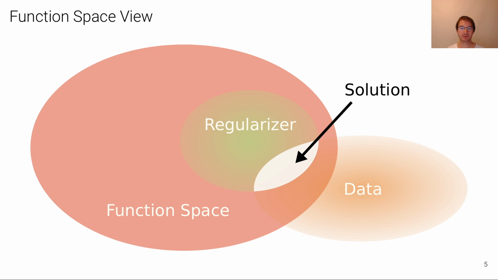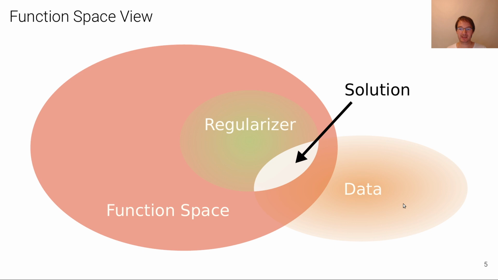Now, the regularizer constrains this space by putting a soft constraint on this function space, such that functions that are close to some particular location in that function space are more likely.